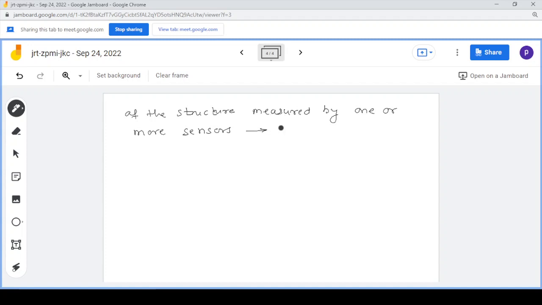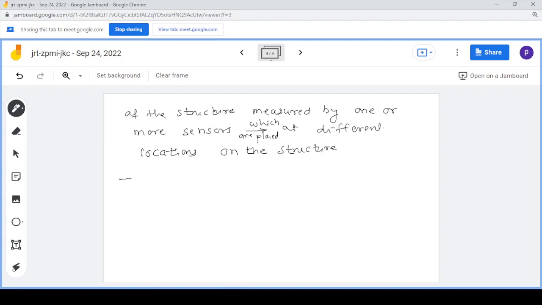We place the sensors at different locations on the structure. As we want to measure the response, sensors need to be placed at different locations on the structure.